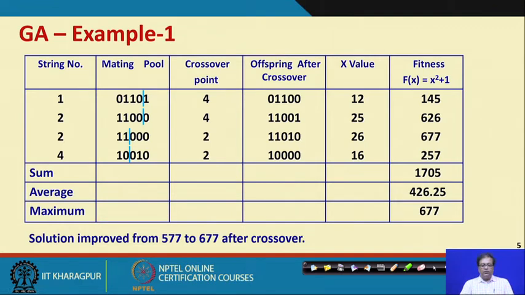So, look at the mating pool. The mating pool is the first one, the second one twice, and the fourth one. Is it all right? Arbitrarily we took some probability and we got the crossover points, 4 and 4, and here 2 and 2.